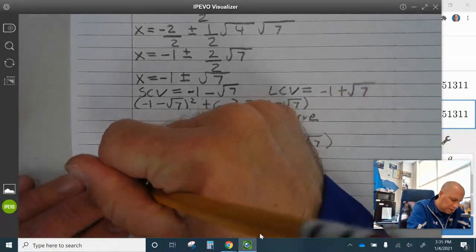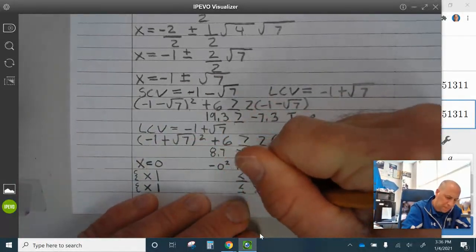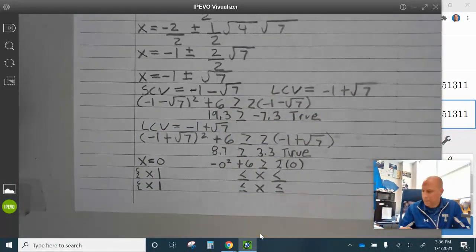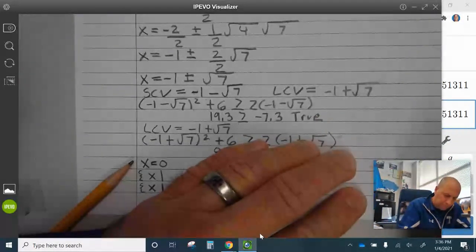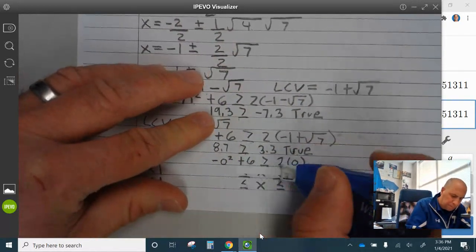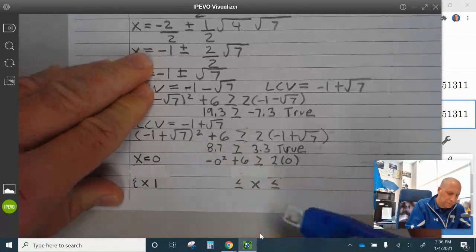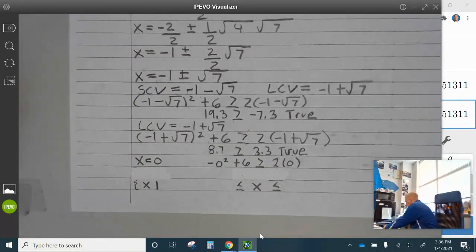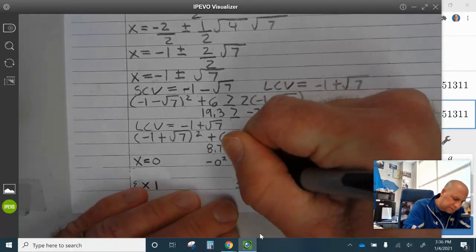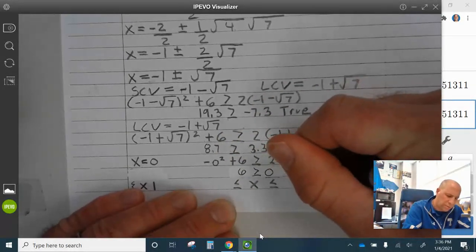I'm going to have to move this down so I have space right here. So that's 6 greater than or equal to 0, which is true.